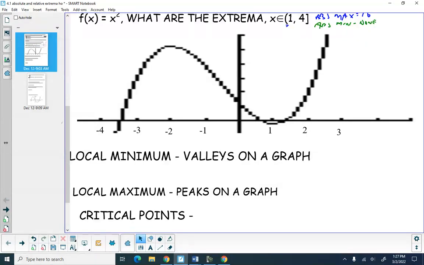Now, when you talk about the idea of local, it is an interval, a small interval of the domain.